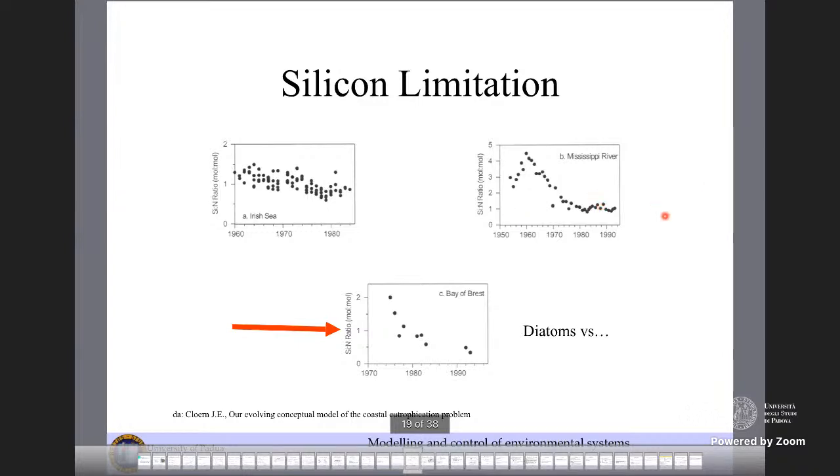And this is a typical effect of silicon limitation, due to the fact that there is a lot of nitrogen loaded into the system. So nitrogen is not limiting anymore, because there is a lot of nitrogen coming from pollution. And in this case, silicon is becoming the limiting nutrient. This is also the case in the Bay of Brest.